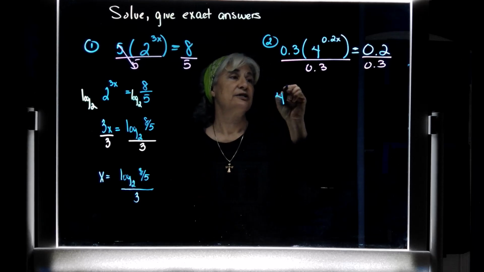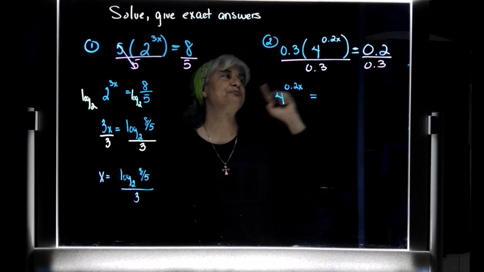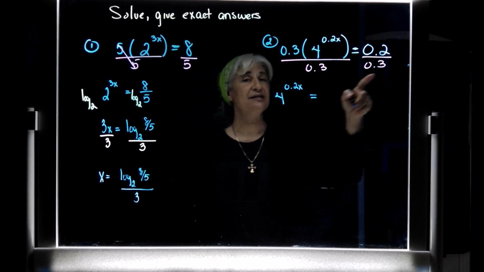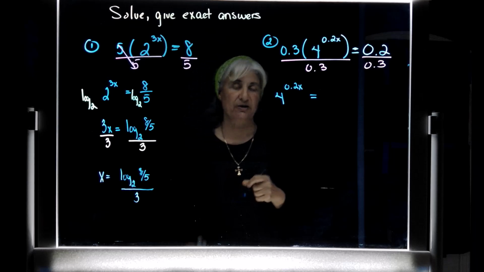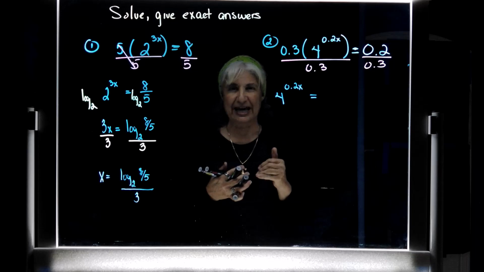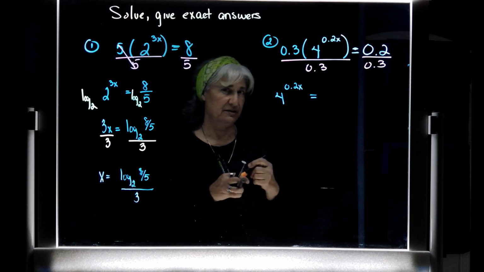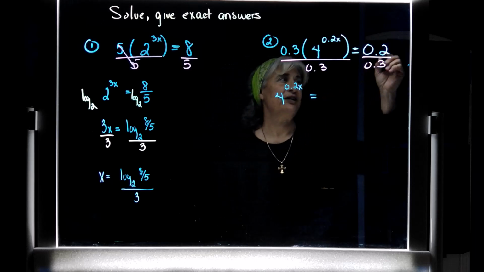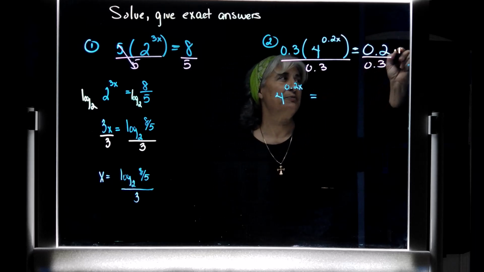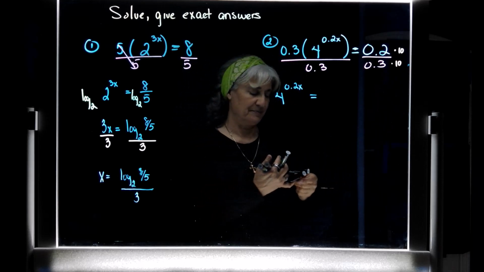4 to the 0.2x equals. Now, this you can simplify without a calculator. Because technically that's 2 over 10 divided by 3 over 10, right? So if I multiply 2/10 by 10, numerator and denominator, what's that going to become?